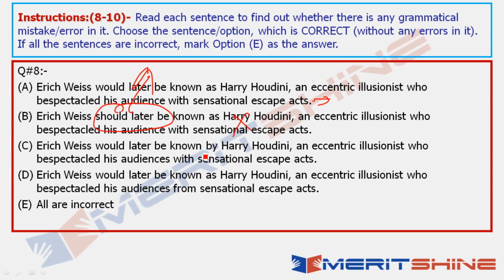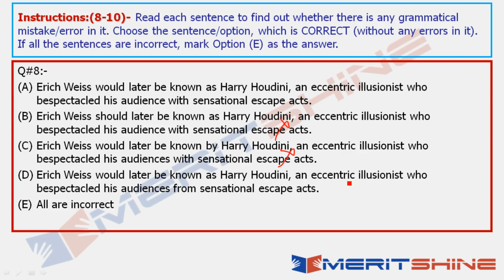Now, you want to say that he would be known as, his other name was Harry Houdini, or in the later part of his career he would be referred to as Harry Houdini. So that cannot come with the preposition by. By is a wrong preposition here. So you will have to eliminate this sentence; it can also not be correct. D. Eric Weiss would later be known as Harry Houdini.